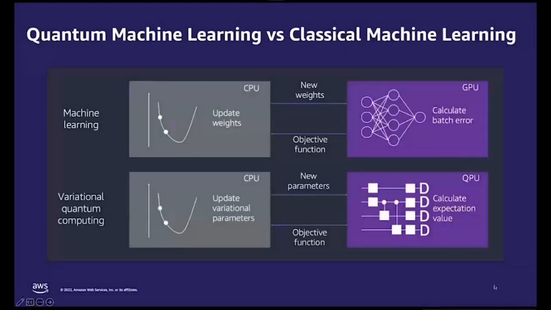Right. So here is a simple comparison between quantum machine learning and our current classical machine learning. For classical machine learning, you can see these two plots on the top. For those of you who don't know, the idea of classical deep learning or a classical neural network is to build these neural structures, right?